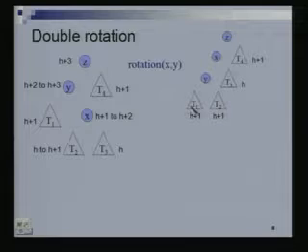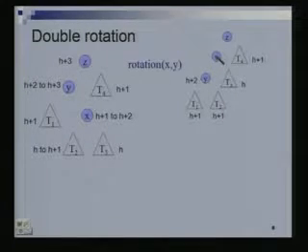Yes, everyone with me? And I have just copied the same height. So T1 has height h plus 1, T2 has height h plus 1, T3 has height h, T4 has height h plus 1, no difference. Is this height balanced? Height of y is h plus 2, because both of these have height h plus 1.